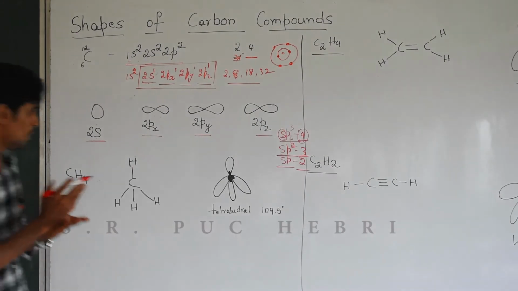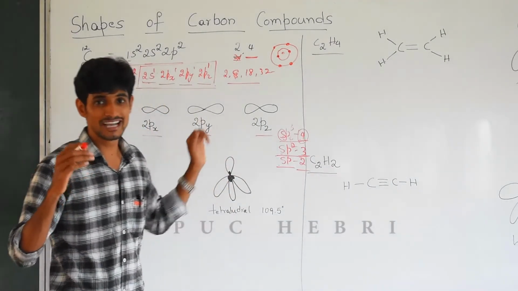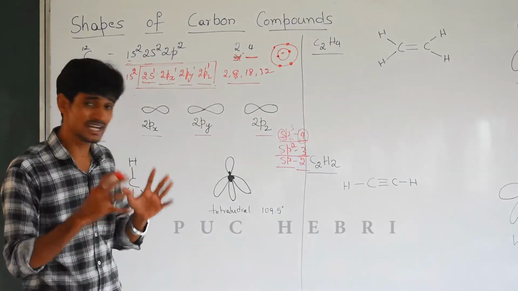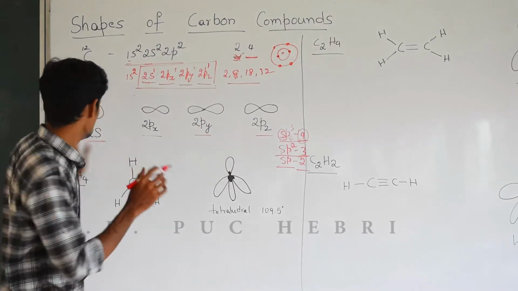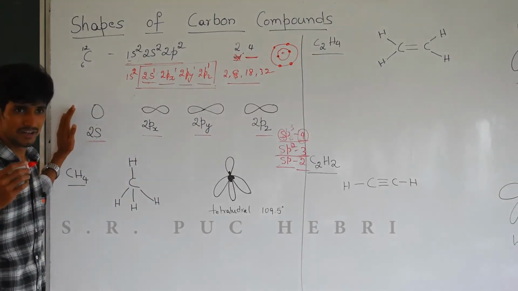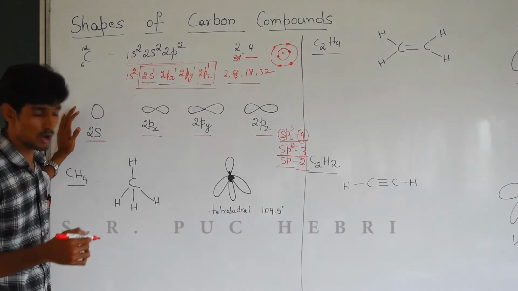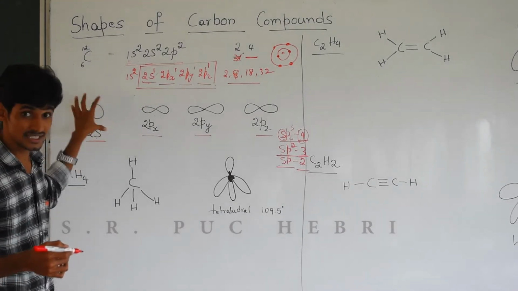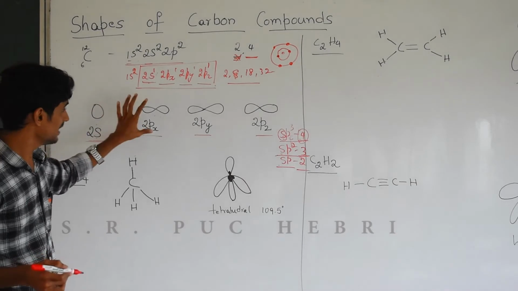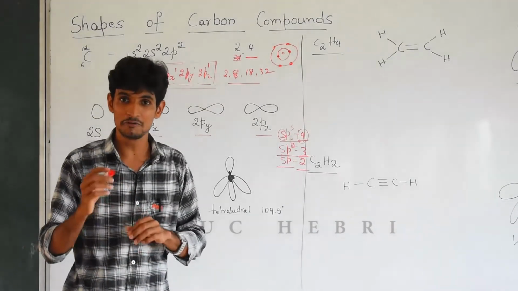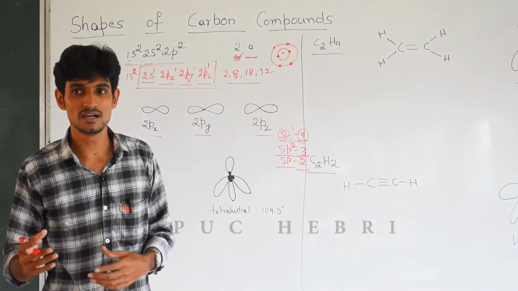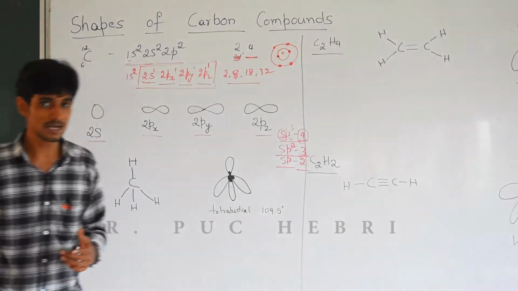Now why this happens, I told you, it is to gain symmetry and the same energy, right? Whenever the carbon is about to form a bond, this hybridization happens. Again, this hybridization with respect to other elements you are going to study in another chapter.